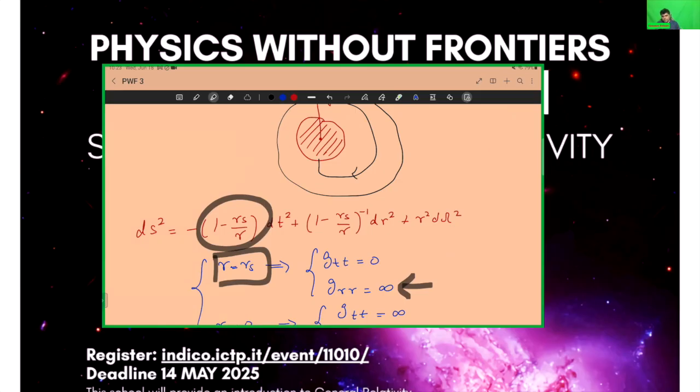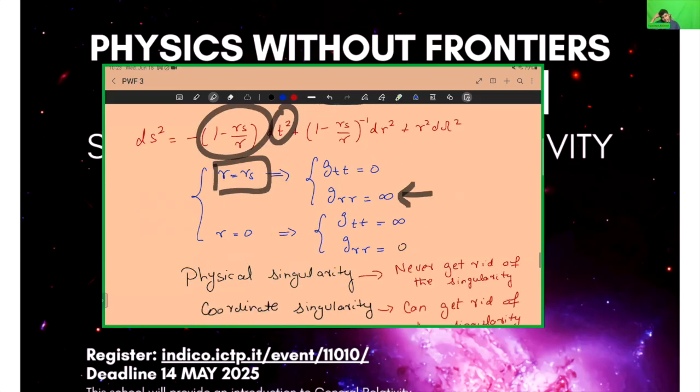So it means that the t coordinate becomes a space coordinate inside the black hole, although it was a time coordinate outside the black hole. We want to avoid that switching. So these three criteria are desirable.